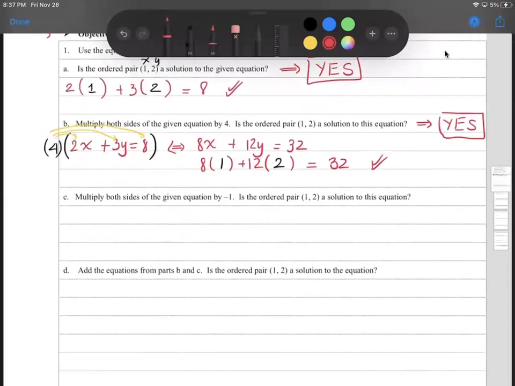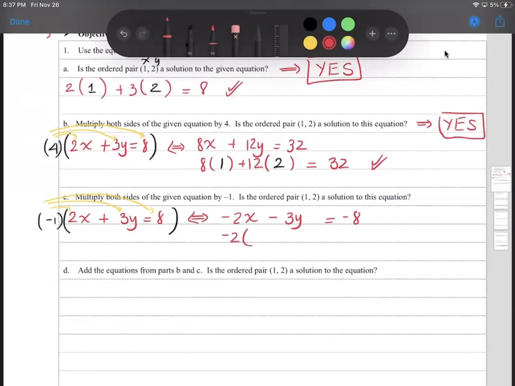Multiply both sides of the given equation by -1. Now instead of multiplying by 4, they ask us to multiply the above equation by -1. Now we're going to distribute the -1 into each of these terms. So I got the equivalent equation, -2x minus 3y equals -8.